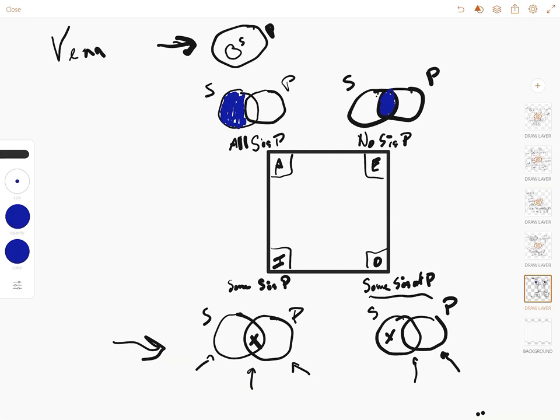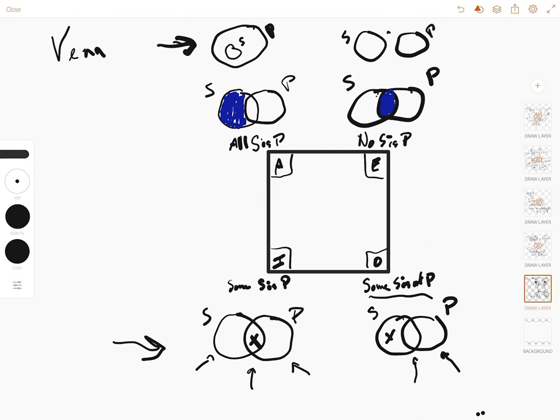So now notice, because of the shading, we've actually ended up with a diagram that looks like the informal diagram I drew about cows and reptiles, which is the two sets, one for the subject, one for the predicate, not overlapping at all.